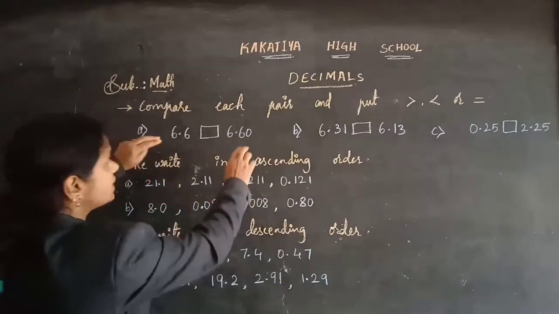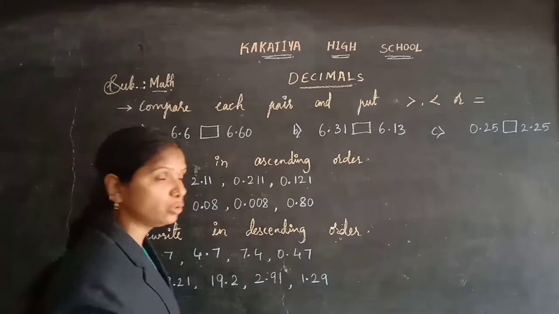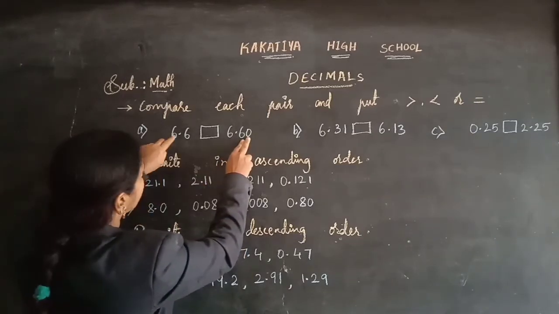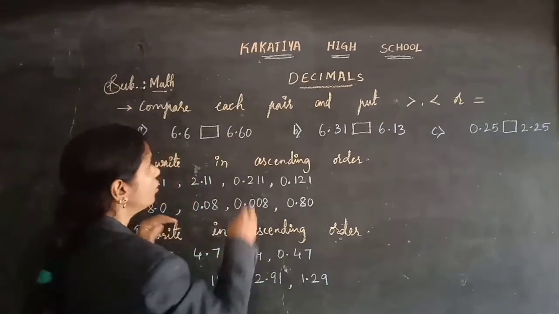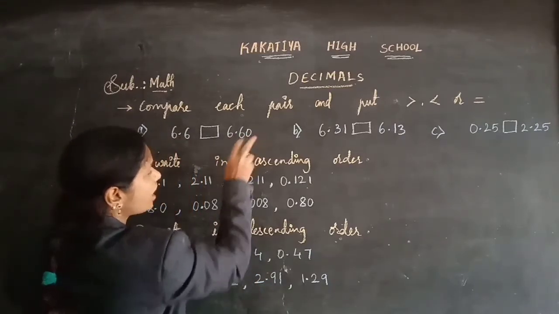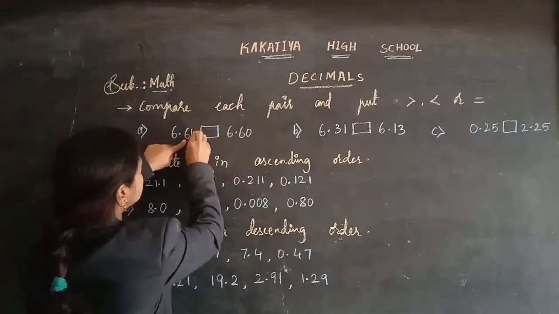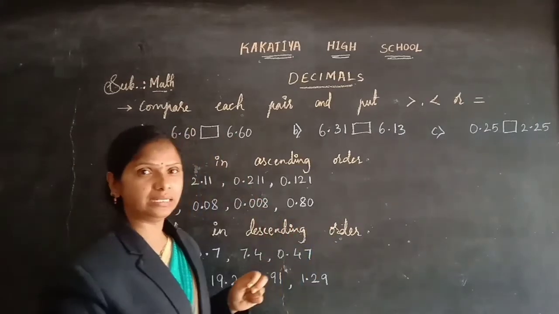However many fewer digits there are, that many zeros we need to keep to change them into like decimals. Here point after we have 2 digits, here we have 1 digit. So if we keep one 0 at last, now these two are like decimals.